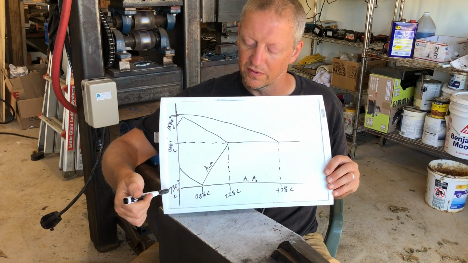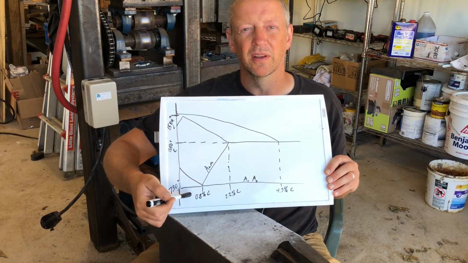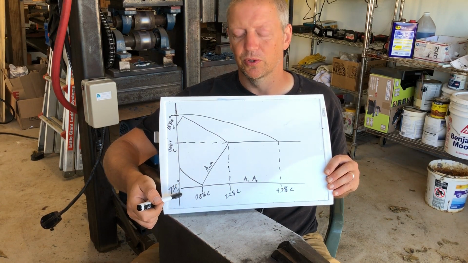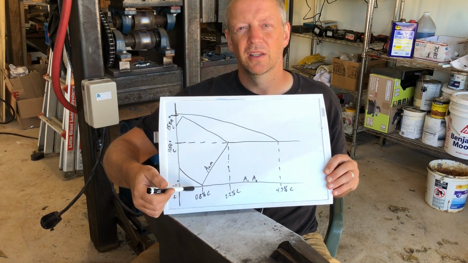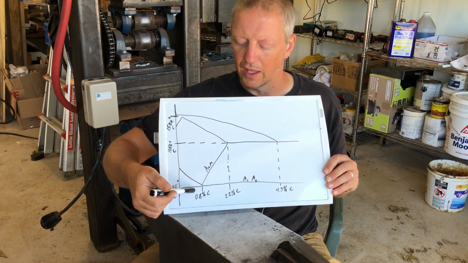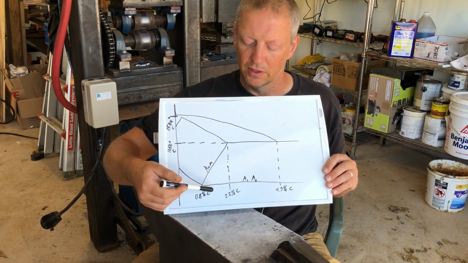As we go to this side, as we have lower carbon, this is where you get the hypoeutectoid steels, meaning they are lower in carbon content than the eutectoid point.